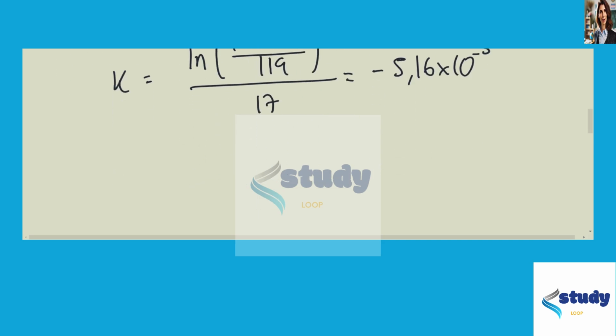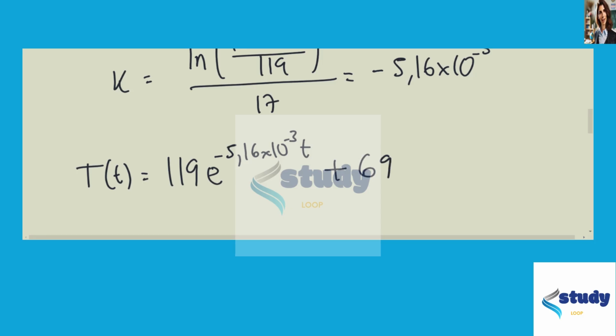And now, finally, we have that our equation for the temperature with respect to time is 119 times the exponential of minus 5.16 times 10 to the minus 3 times the time. Oh, sorry, I forgot the temperature of the surroundings, which is 69. Now we need to find the time when this temperature is the value that we are searching for, which is 164.